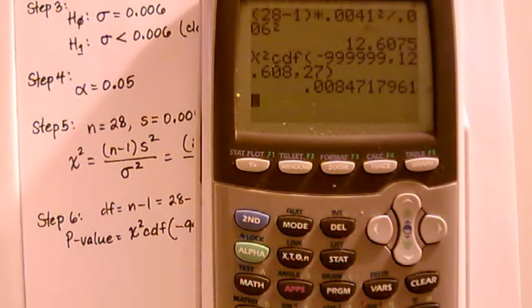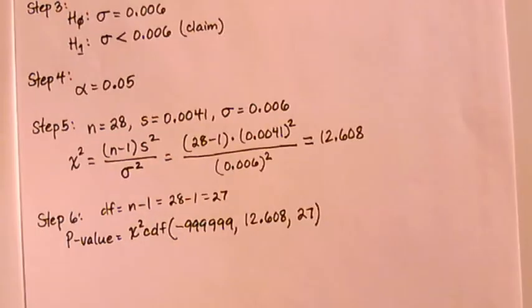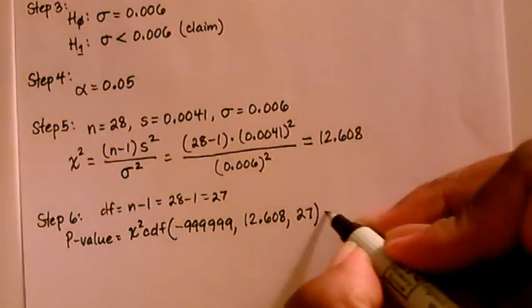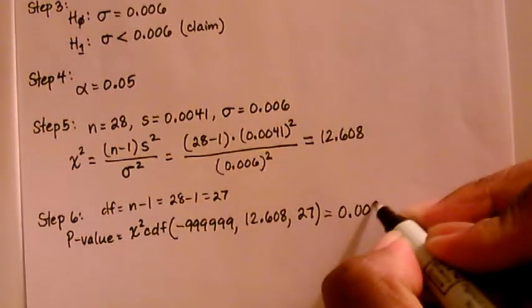To 3 decimal places, and this is dependent upon what the instructions say in the homework, it'll be 0.008. So my p-value is 0.008.